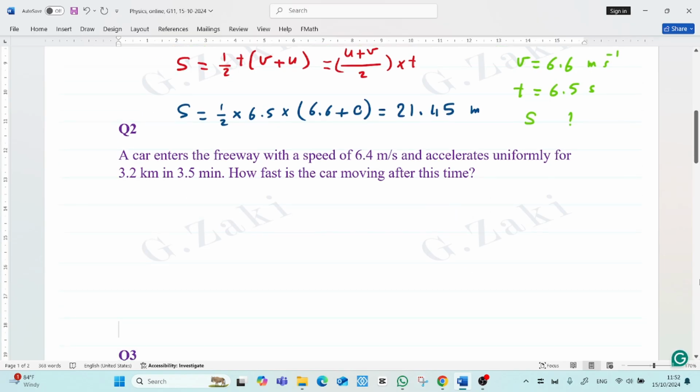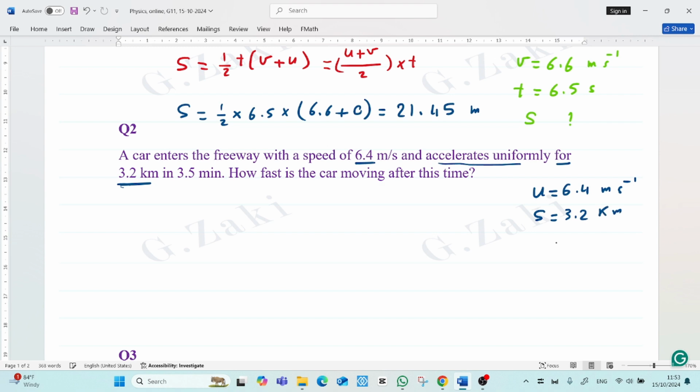Next question. A car enters the freeway with a speed. Then this is the initial velocity, 6.4 meter per second, and accelerates uniformly for 3.2 kilometer. Then we have the displacement, 3.2 kilometer.